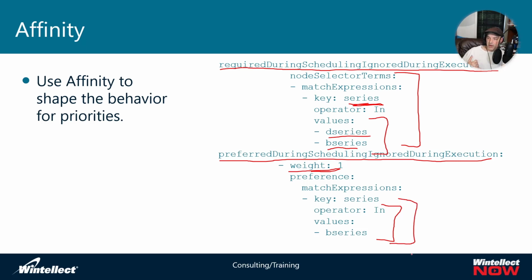So this one basically tells the Kubernetes cluster to prefer the B series over the D series. As long as there's space available on that B series, prefer it. Continue to add weight to that until it's unavailable. And then maybe it starts going to the D series as a fallback rather than preferring them all equally. So this is a way to prefer specific workloads rather than just explicitly defining them, like what we saw with taints and tolerations.